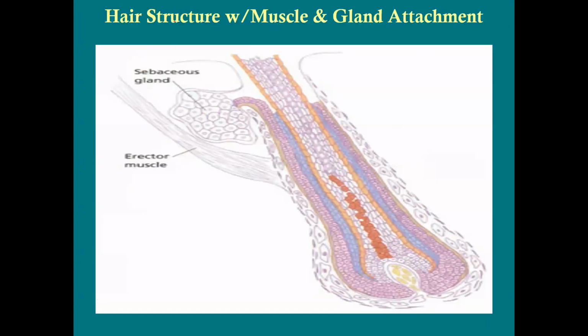Now, the hair also has two structures connected to it. You have the arrector pili muscle, which you know from CSEC.